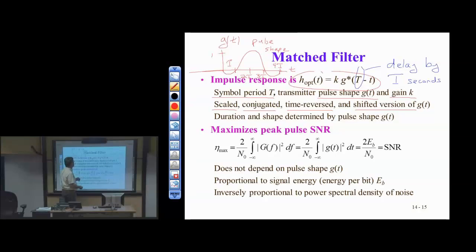So the optimal formula here means that we flip the pulse shape g(t), which is the minus t in the formula, and then we delay it by capital T. So I'm going to get something like this, which is now not causal.